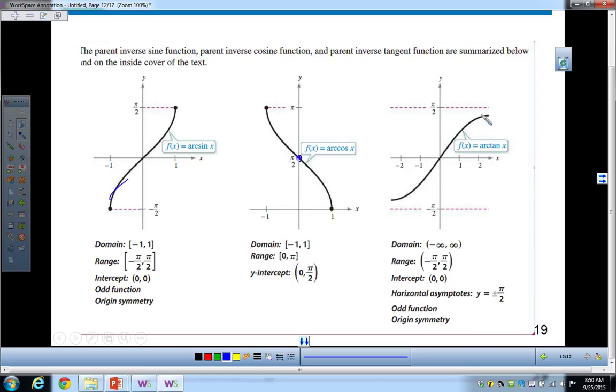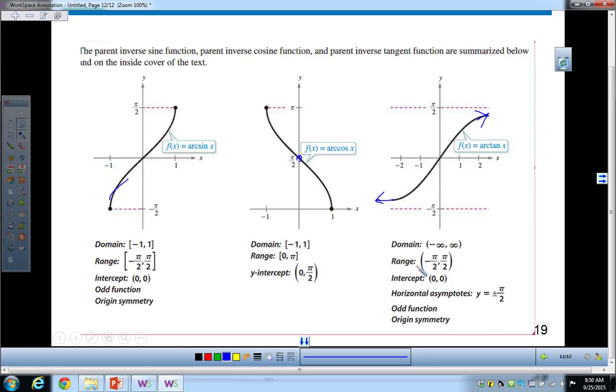And the inverse tangent looks kind of like this, and it goes on forever in either direction. Unlike these two, they end at the endpoints. This one goes on forever, okay? Except it never touches pi/2 because tangent is undefined at pi/2, right? You have asymptotes there.